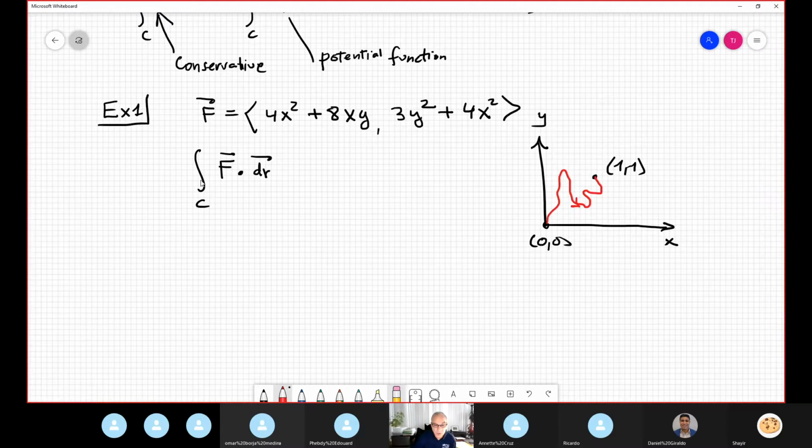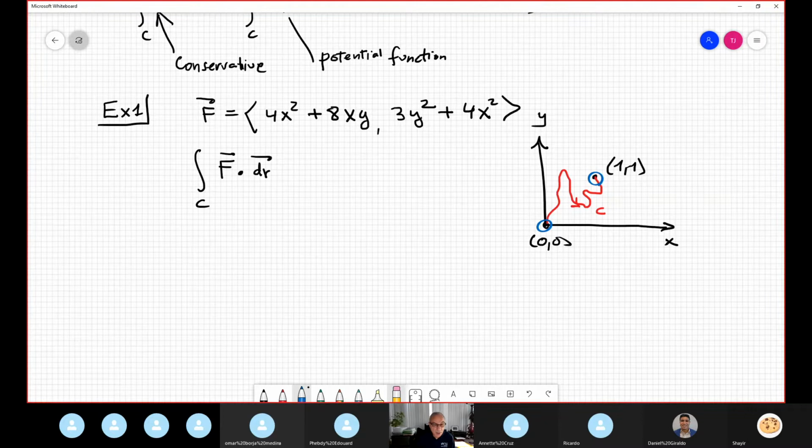So when you see this kind of problem, with no specification of the equation for the curve C, it's because this sounds like a conservative field. So if it's conservative, remember, it's path independent. The only information I need is the two points, the starting point and the ending point.